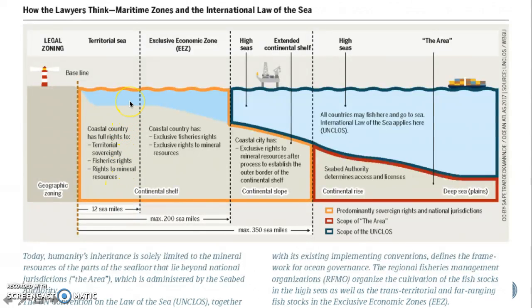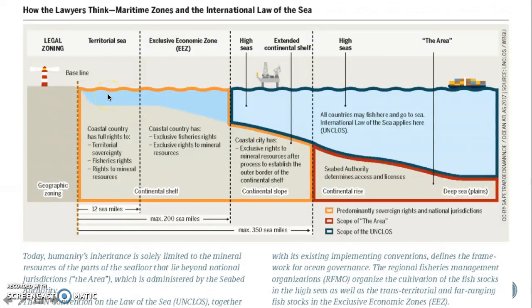This pretty much belongs to the country it's next to. So you can defend this territory. So if another country had their navy sailing in this area and showing acts of aggression, you could attack them. It would be considered like an act of war.